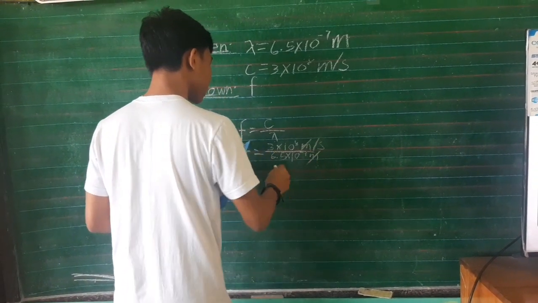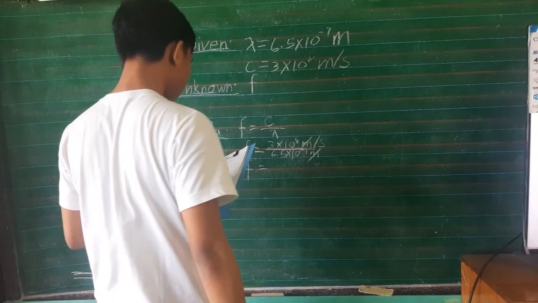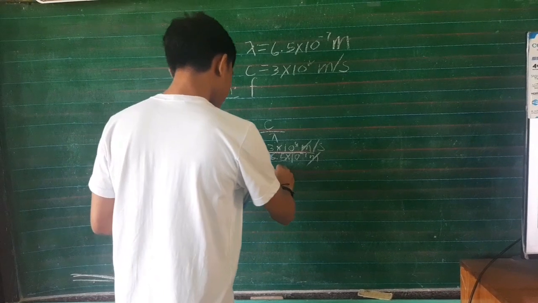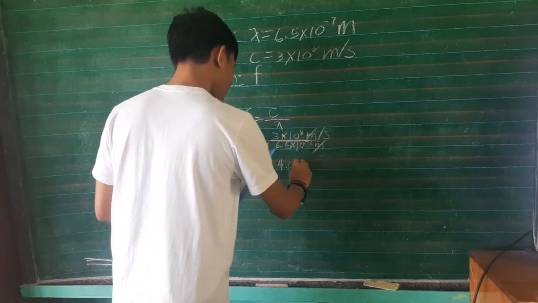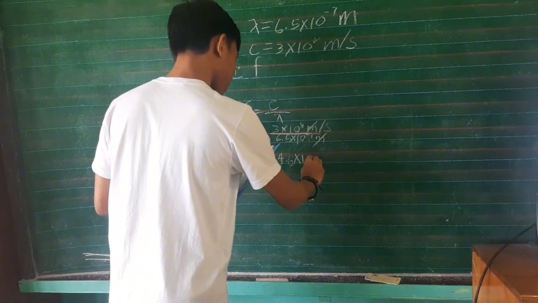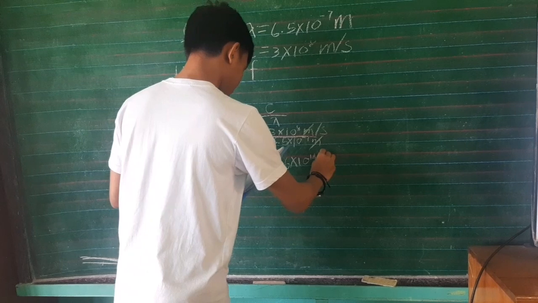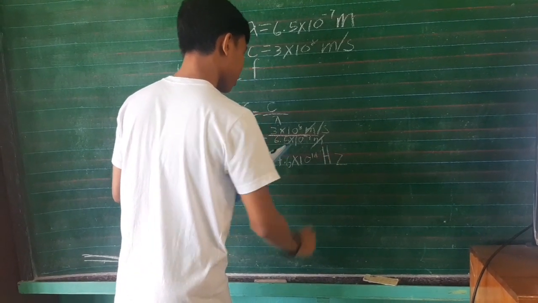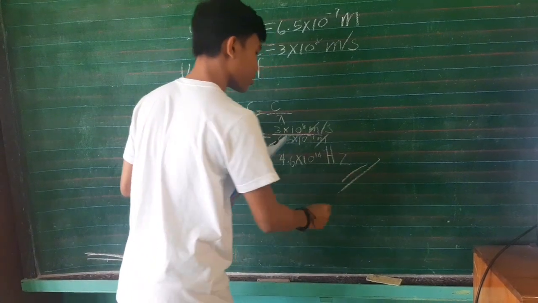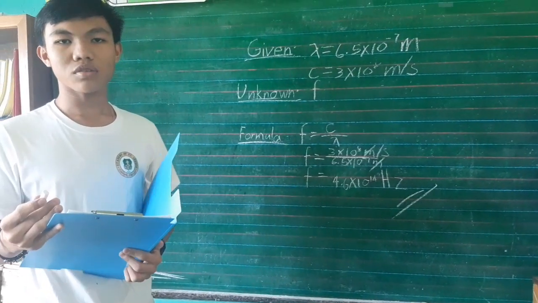Cancel the meters, and the answer we will get will be 4.6 times 10 raised to 14 hertz. This would be the answer of the equation. Now then, let's move on to our next example.